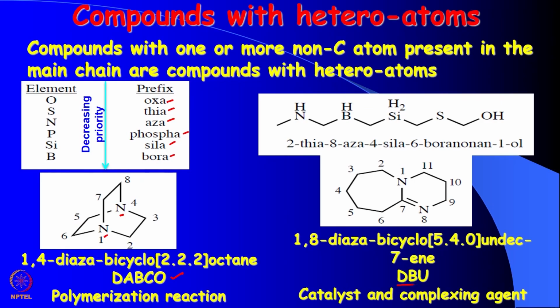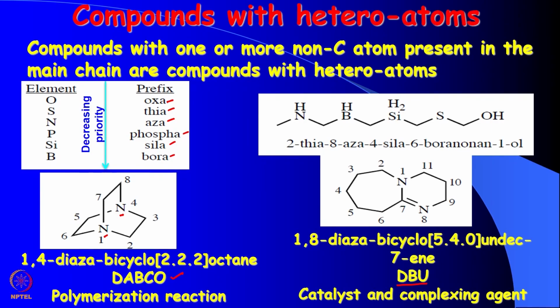Similarly, DBU is another compound which is used as a catalyst and complexing agent, and this compound falls as another bicyclic compound where the 2 common atoms are joined together by a bond.